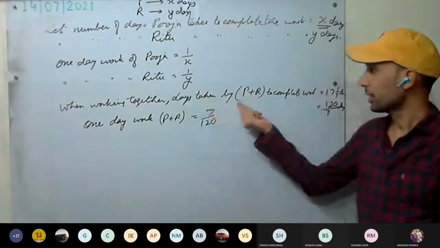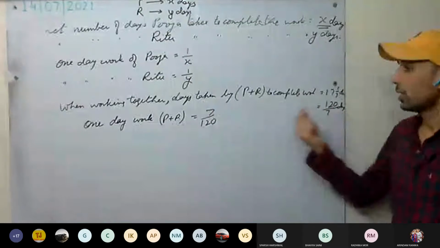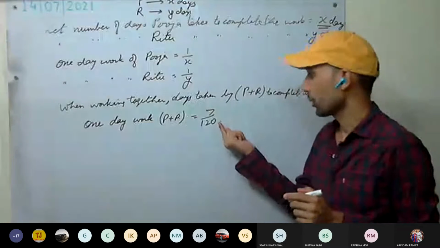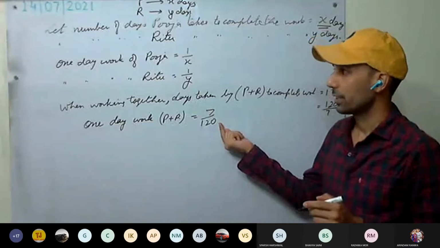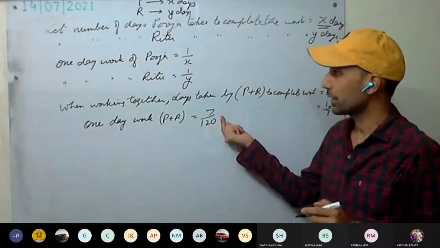When working together, they take 120 upon 7 days, so each day they complete 7 upon 120 of the work. Yes or no?